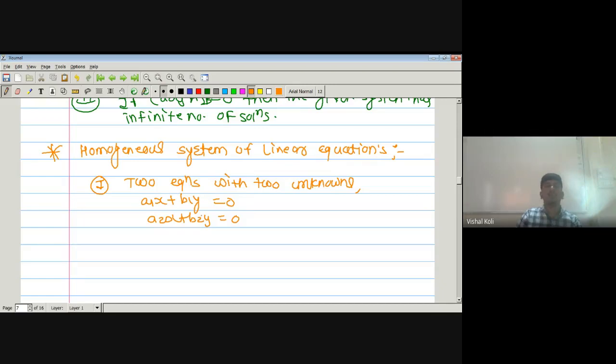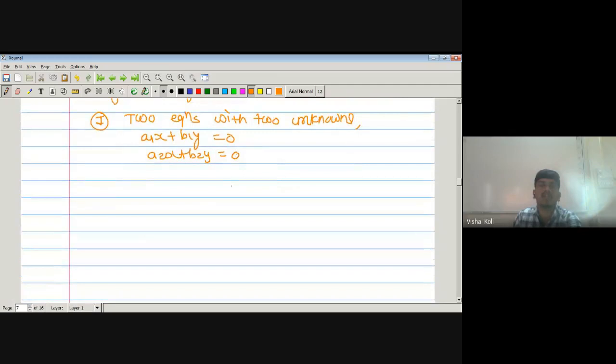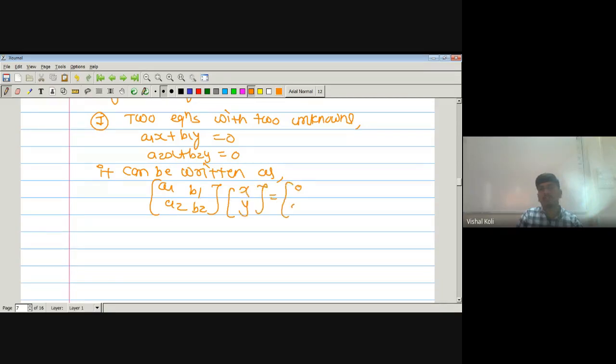Such a system of equations is called a homogeneous system of linear equations, since its RHS value is always 0, and it can be written in matrix form as [a1 b1; a2 b2] into [x; y] equal to [0; 0]. The RHS in the homogeneous system of linear equations is always 0.